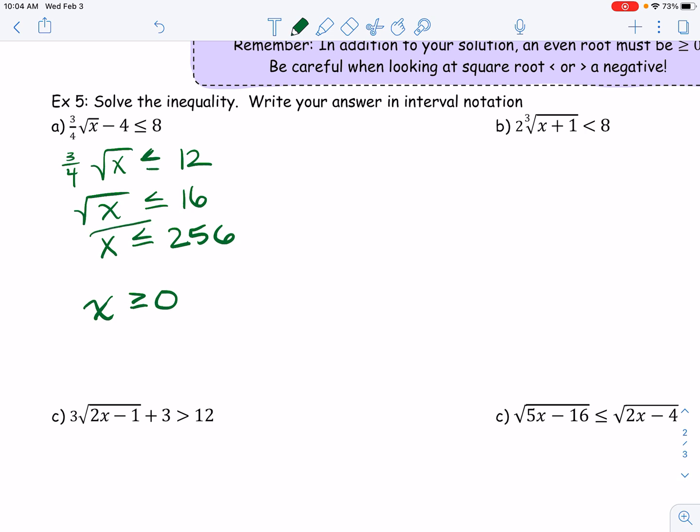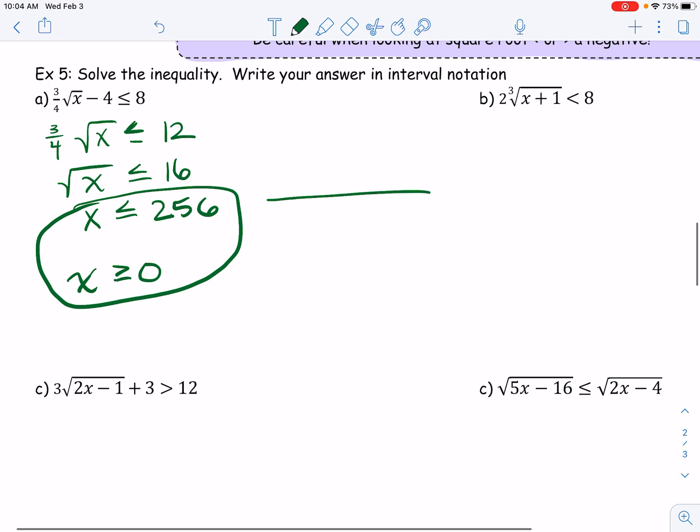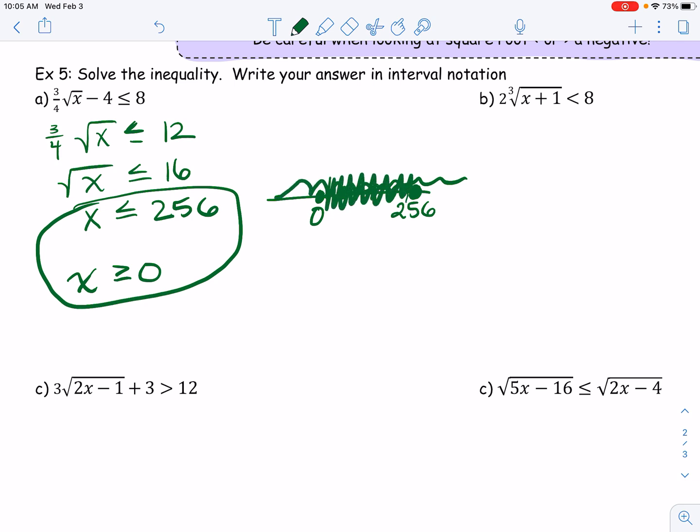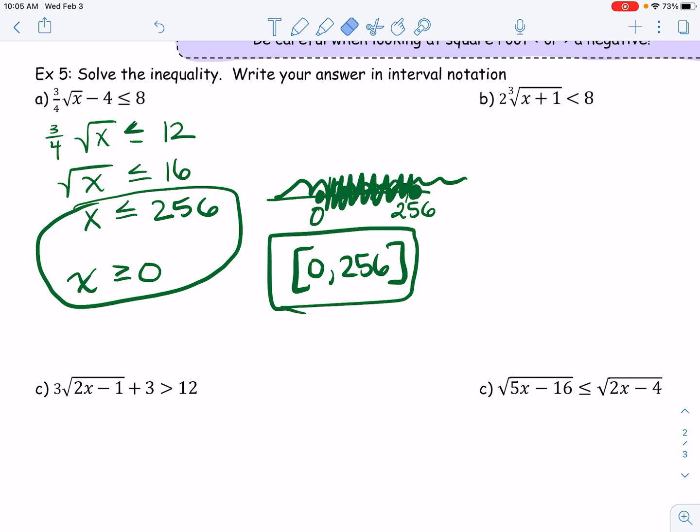So if I have these two inequalities to think about, if you need to draw that on a number line like 0 and 256, I want x's that are greater than or equal to 0. And then I want x's that are less than or equal to 256. So where do they overlap? Between 0 and 256 included. So that would be my final answer.